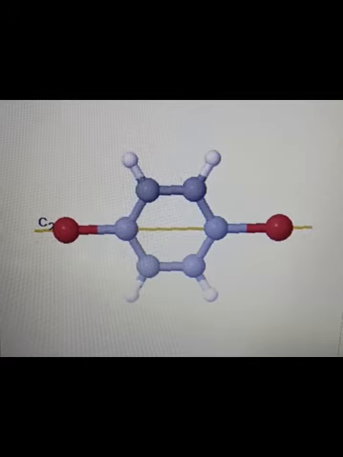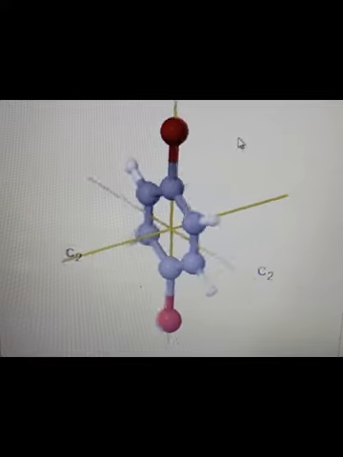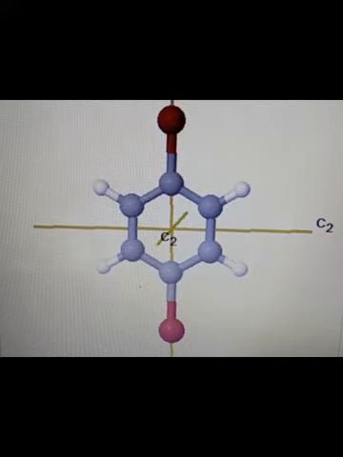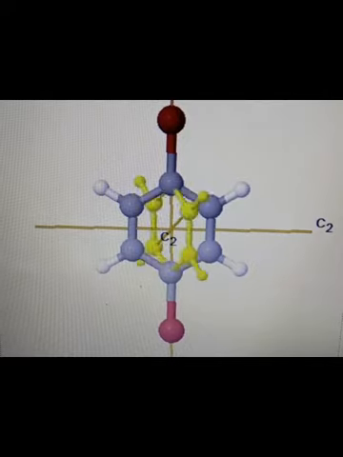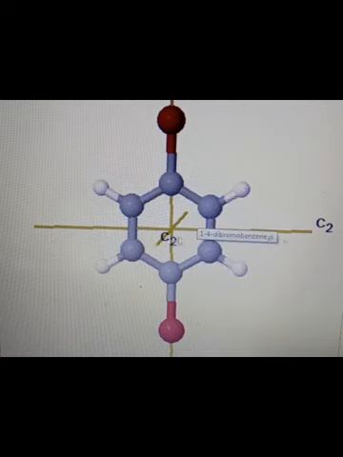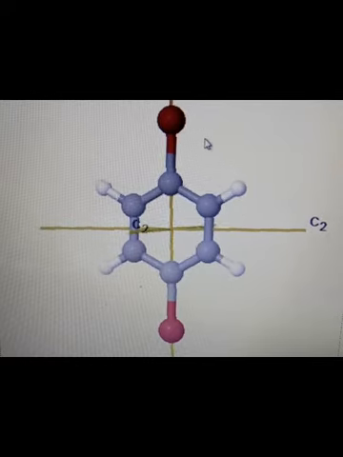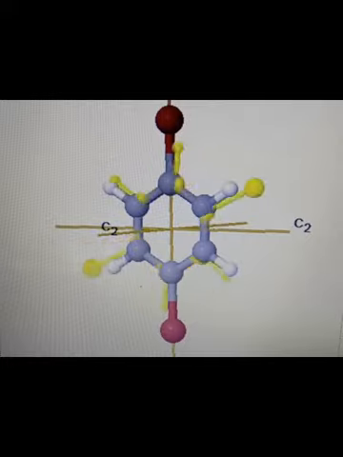There are 2 other C2s present in this molecule, and those 2 C2s are perpendicular to the principal one. This is your principal rotational axis. In principal rotation, the rotation takes place like this. And these 2 C2s, this is C2 first, C2 second, these two are perpendicular to your principal rotational axis of symmetry. If you look at their rotation, the rotation takes place like this.